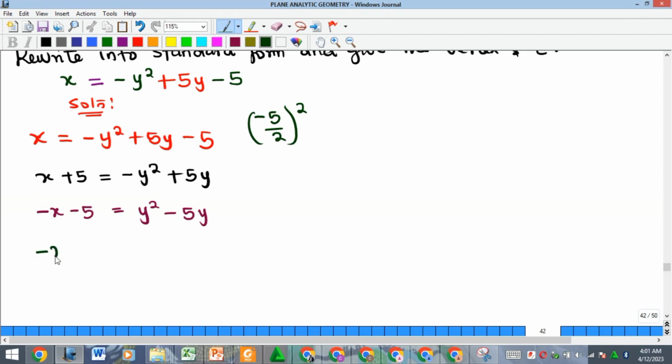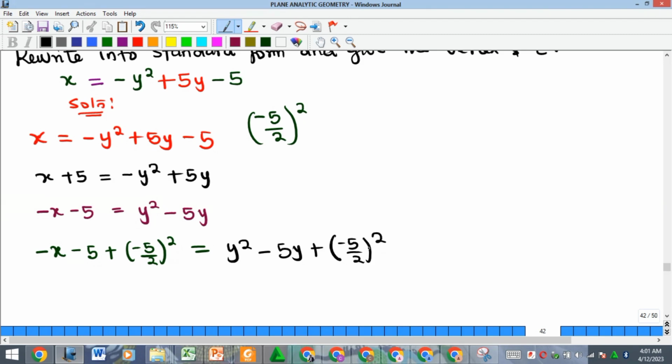So this is going to give me minus x minus 5, and then I am adding to this minus 5 all over 2 all squared, and this is equal to, on the right hand side, y squared minus 5y, and then plus minus 5 all over 2 all squared.